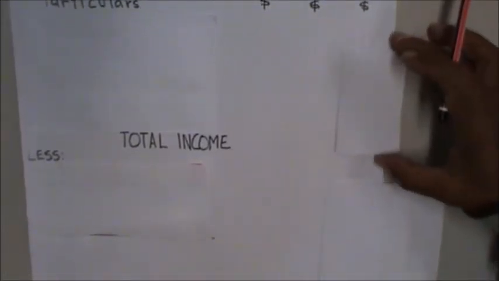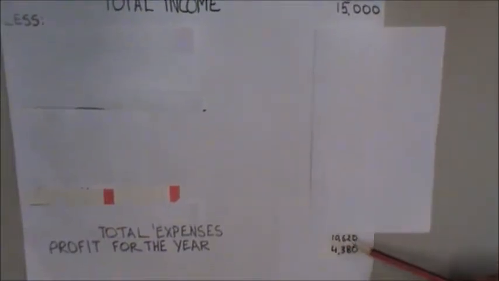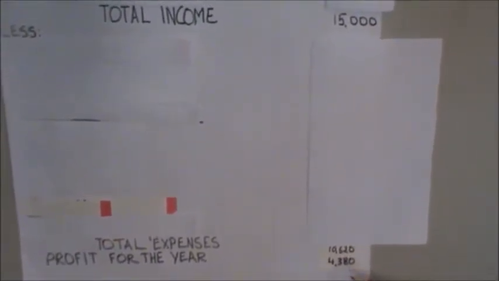Now, let us assume that the total income of the business was $15,000, and the total expenses of the business were $10,620. And that gives us a profit of $4,380. So total income minus total expenses gives us the profit.